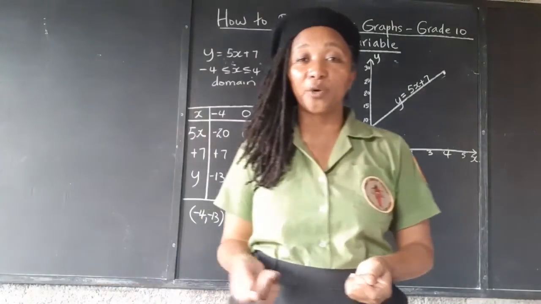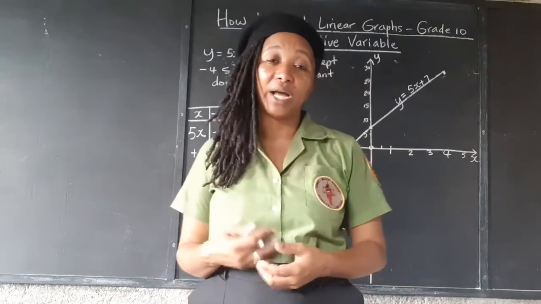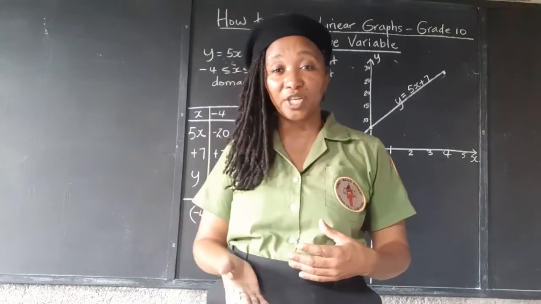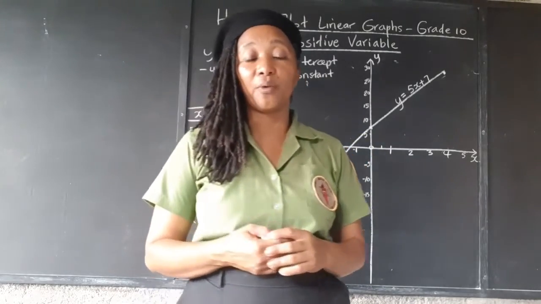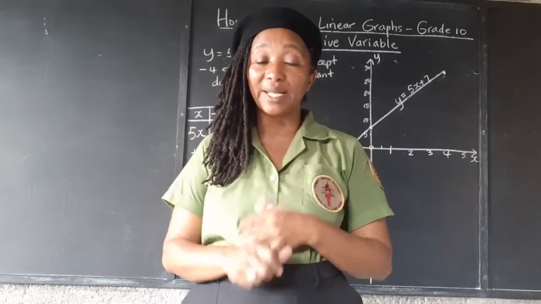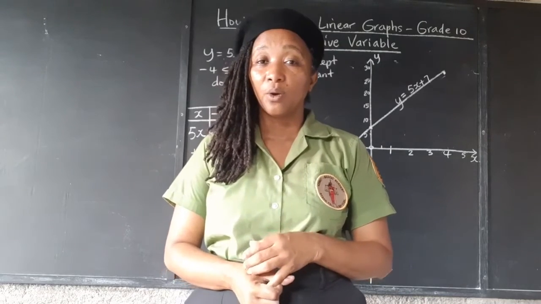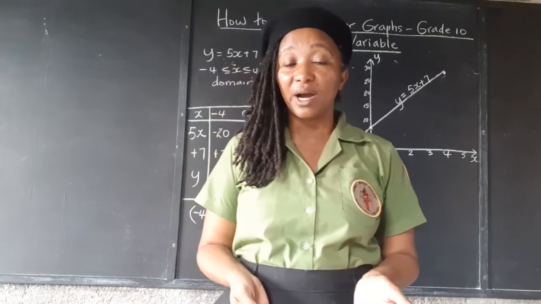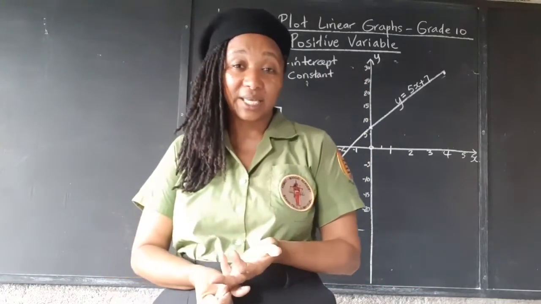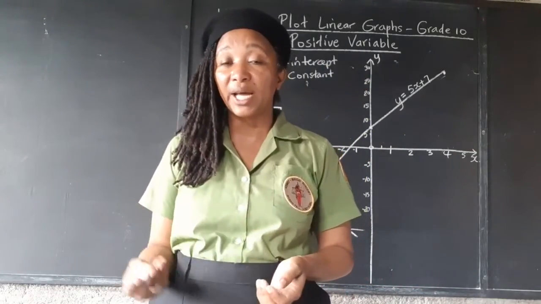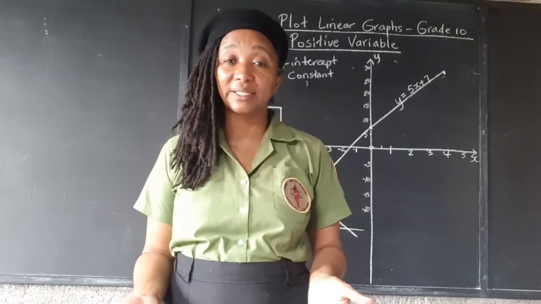Check that other video where we did a negative variable and compare the orientation of the line. And also check the videos that we'll be doing on the quadratic equation, plotting the quadratic graph where the variable is negative, where the variable is positive, and so on. Check that also so you can make your comparisons.